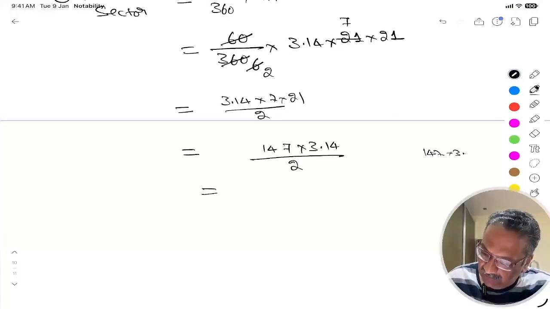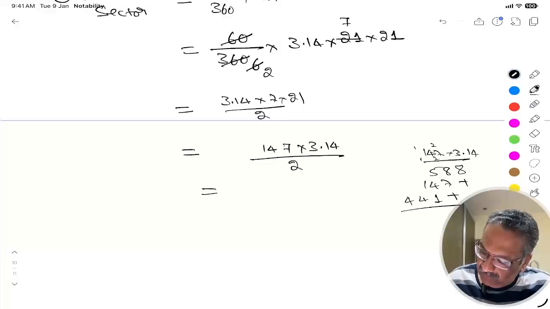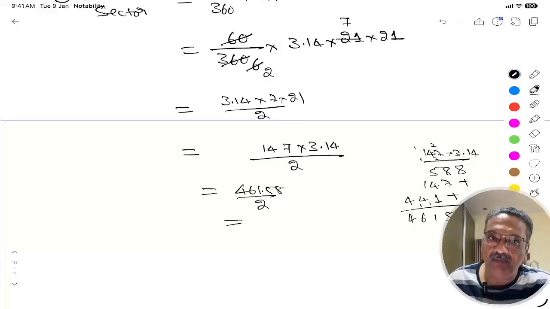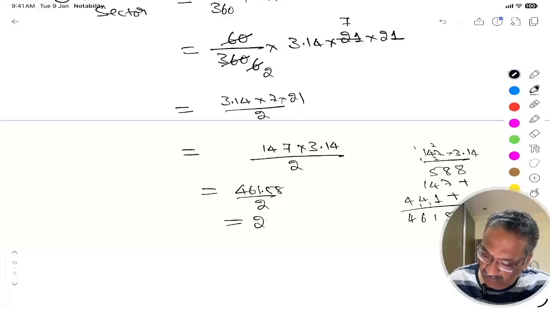147 into 3.14, which gives 461.58, divided by 2, which is roughly equal to 230.76 centimeters square.